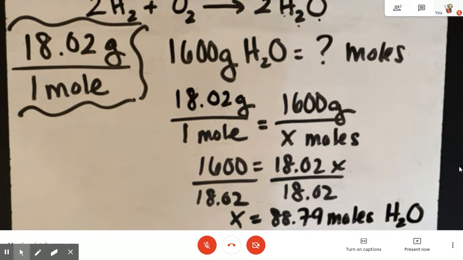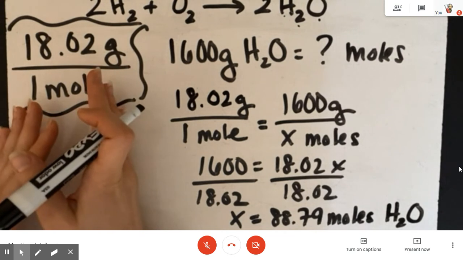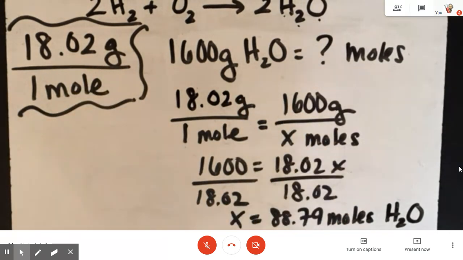And that's about how many moles there are in about 1.5 liters of water. Okay? So as long as you know the molar mass and can set up these proportions, you should really easily be able to calculate the number of moles in any gram sample of a substance. Okay?